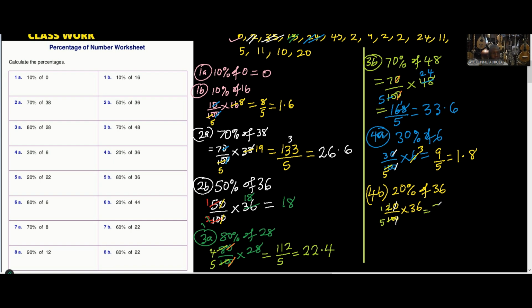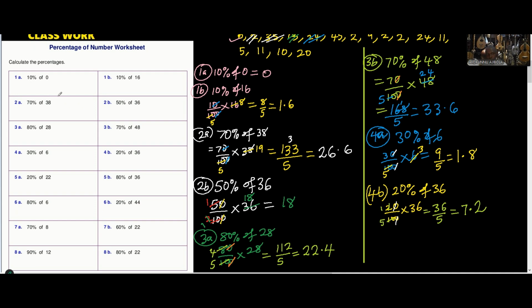So what I have left is 36 divided by 5. So how many 5s in 36? 7. Remainder 1. So you now put a 0, that's 10. How many 5s in 10? That's 2. Yeah, very good.